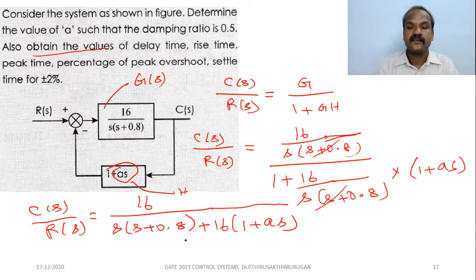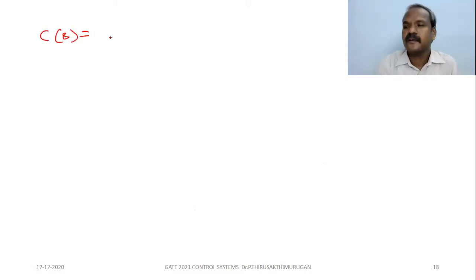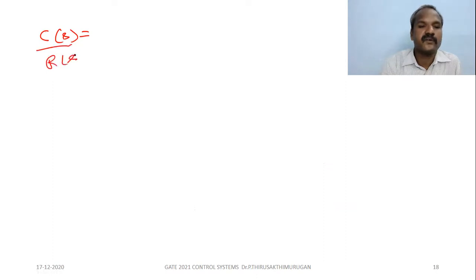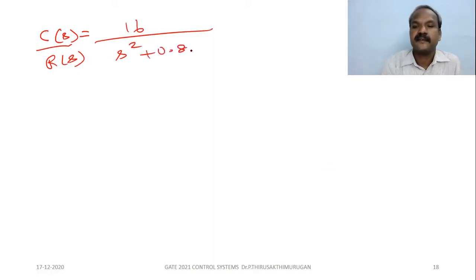Okay, then this is C of S by R of S. So what is C of S? If you bring R of S to the right hand side, C of S by R of S equal to 16 divided by S square plus 0.8 S plus 16 plus 16 AS.